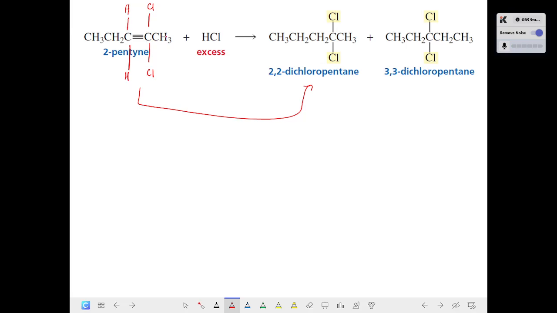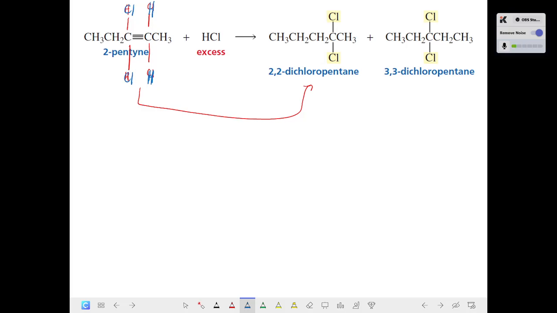But if our compound 2-pentyne reacts at the other carbon, the Cl goes here and the H here, and with another round of HCl addition, the H attaches here and the Cl attaches here.